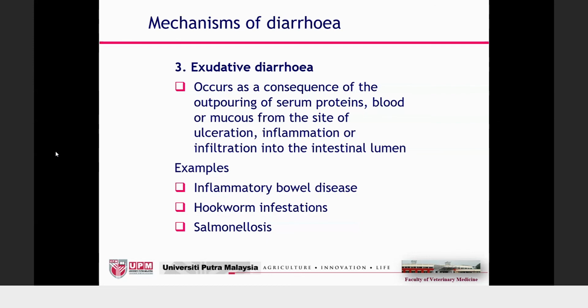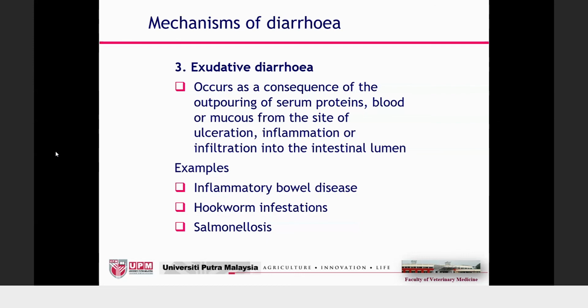You examine the feces. If the feces has blood, you might suspect exudative diarrhea. If it has a lot of mucus, this might be mucus diarrhea. If it's only frank water, it might be just osmotic diarrhea. But when you have a mix of frank water and some feces, there might be increased contraction of the intestine.